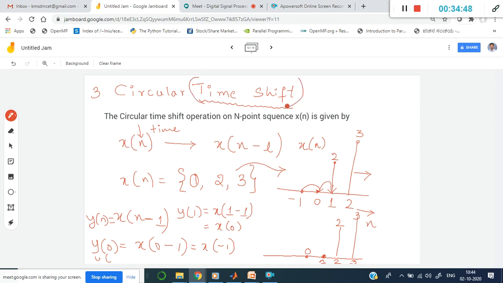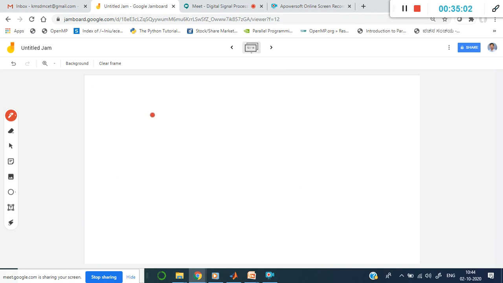Now I'm coming to the concept of circular time shift. What do you mean by circular time shift? This is very important. If x of n is a sequence with an n point DFT, then its circular shift will be x of n minus L, mod n.